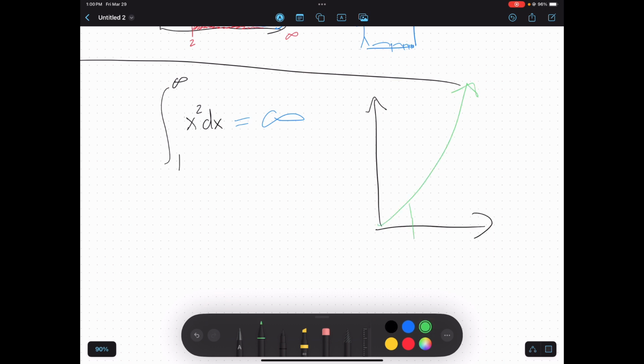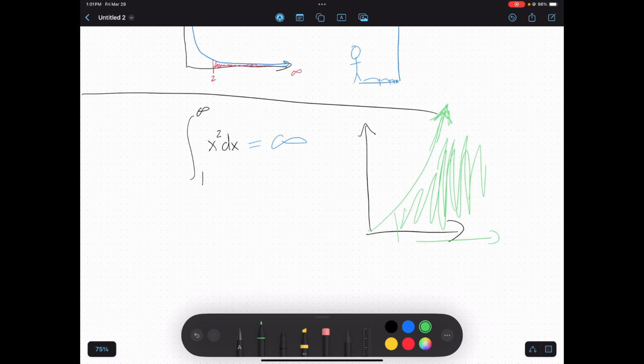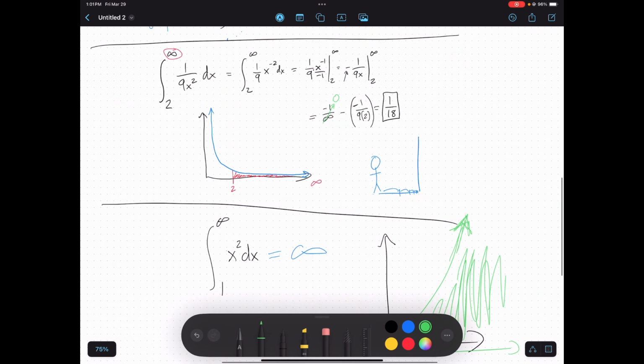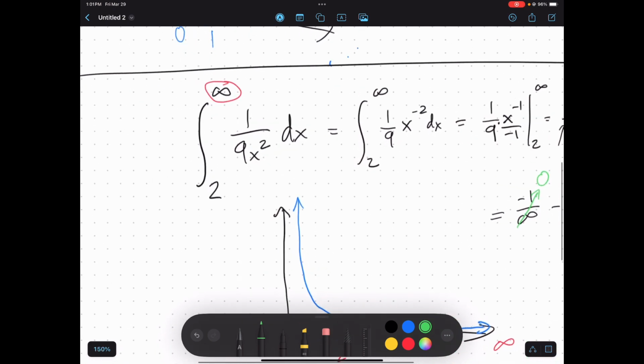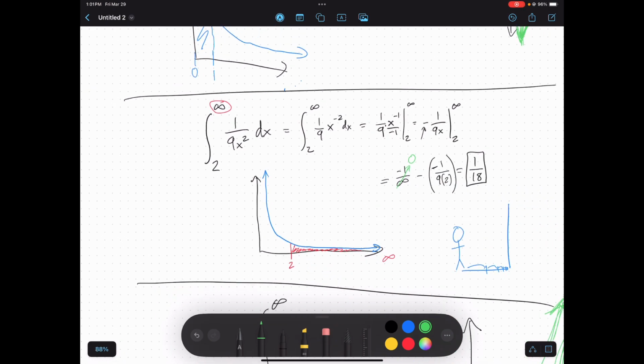If I start at 1 and go to infinity, since my y values are getting infinitely large, of course the area is going to end up being infinite. So it's not every time, but some of the times your area still ends up being finite. And it's kind of up to you to figure that out by actually calculating the integral.